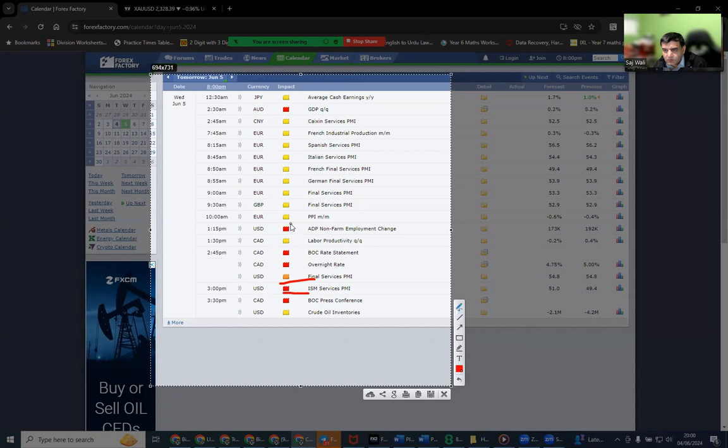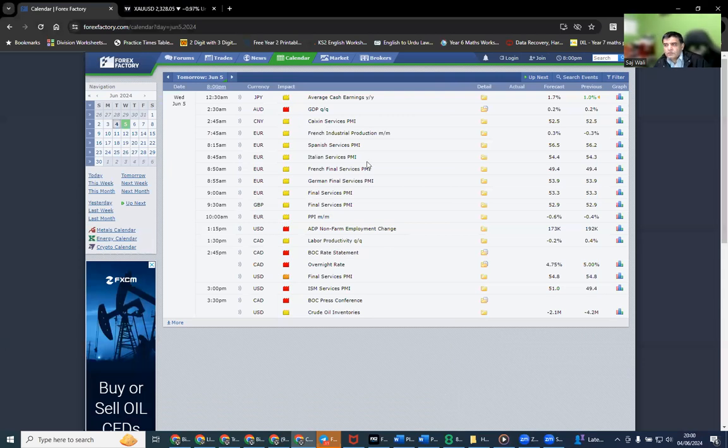Also 11:15 is ADP non-farm change. These are heavy impact news. And one medium impact. We have CAD 2:45 p.m. as well. 3:30 we got CAD, AUD by 2:30. But normally in trading gold, the US dollar is most concerning to us. However, in CAD you can sometimes take a trade in gold as well if you know how to trade, because CAD does affect the price of gold.